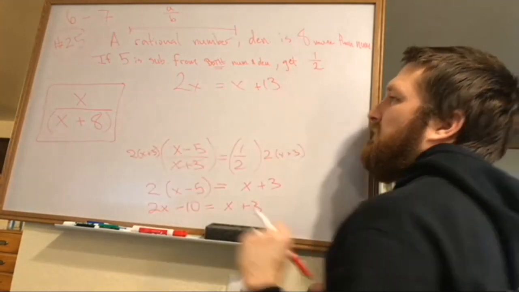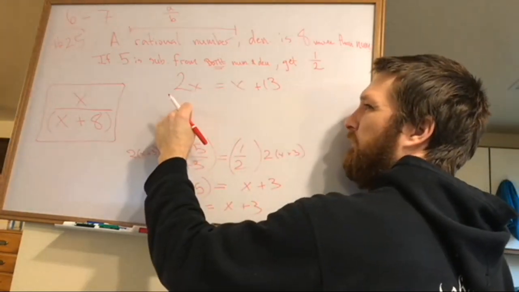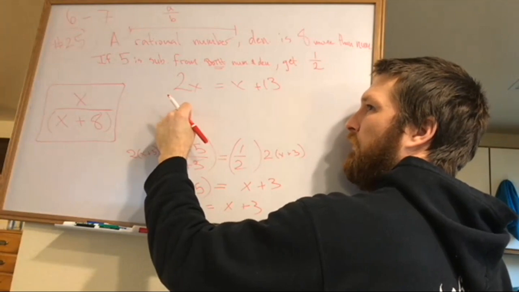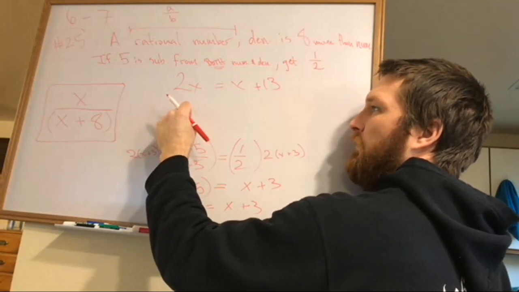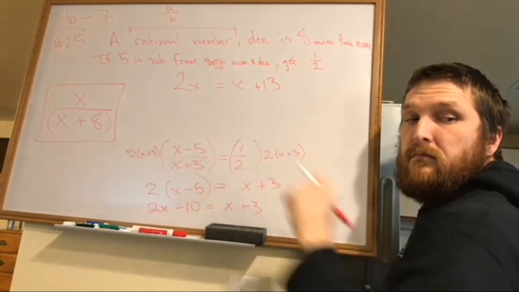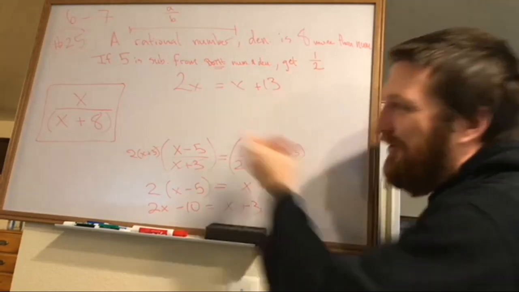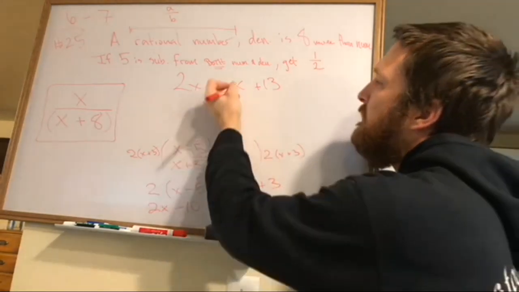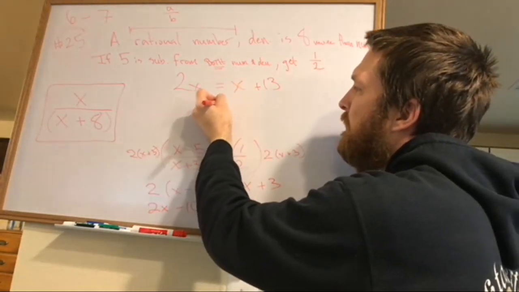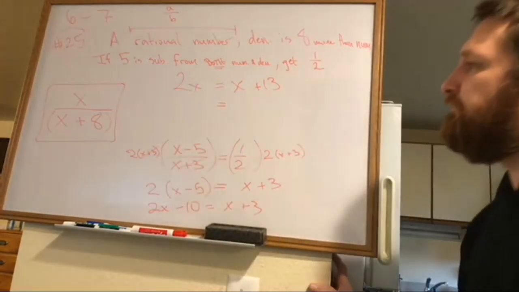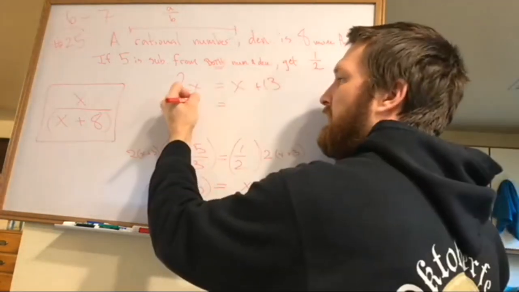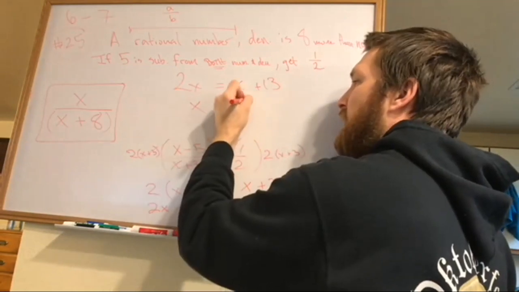Leaving me what? Oh, wait. You're right. We want to subtract x from both sides, but what do we get when we do that? X equals 13.